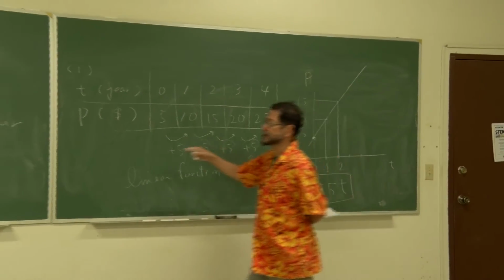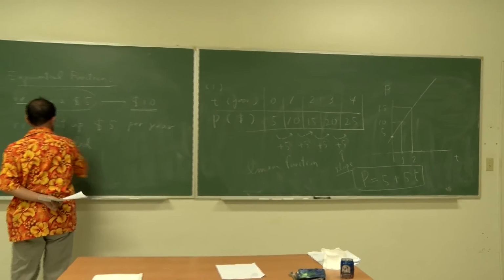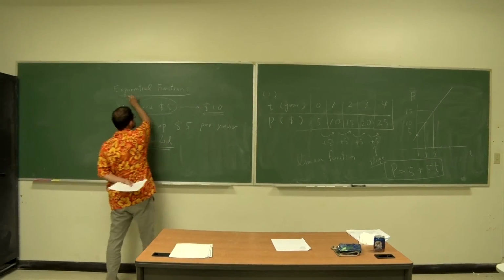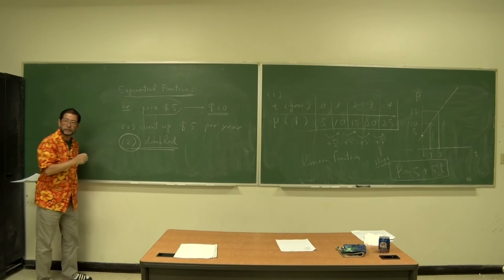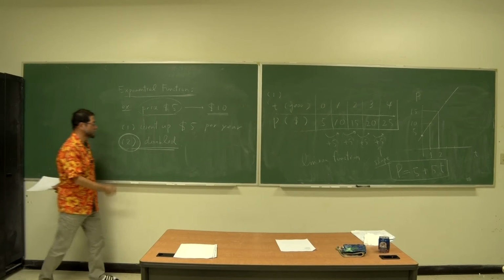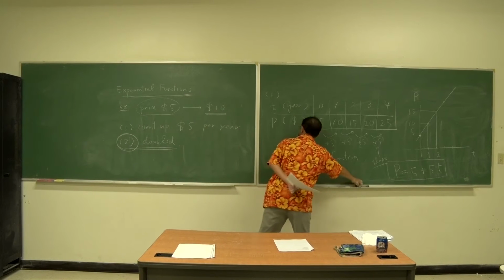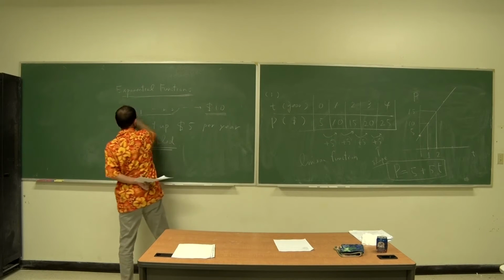Now let's look at the second point of view, which is really the theme of today. So this leads us to the new concept called the exponential function. So let me draw the table for the second point of view.